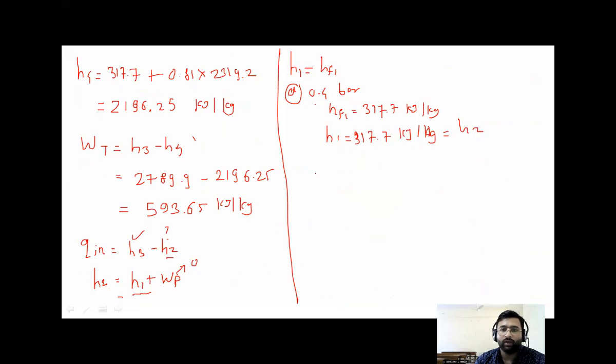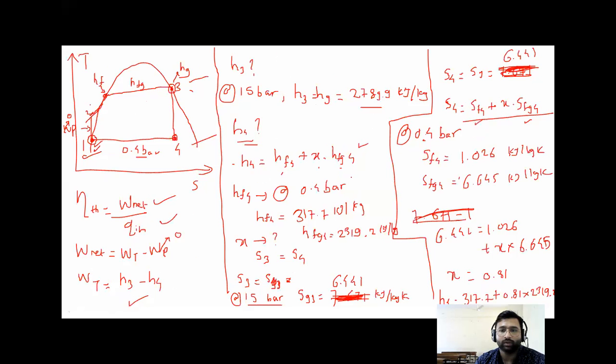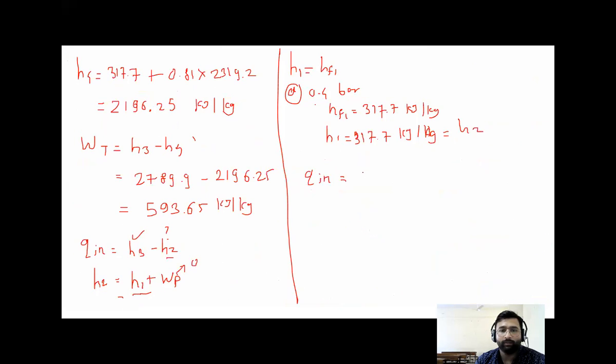So now easily you can calculate Q in. This will be equal to H3. How much did we calculate for H3? 2789.9 minus H2, that is 317.7.